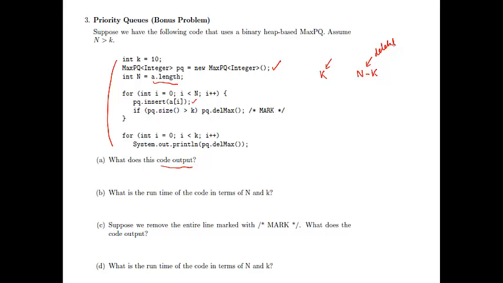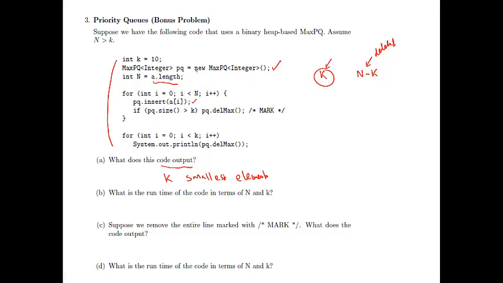But when we deleted the n minus k elements, you have always deleted the largest n minus k elements. So what the priority queue will print is the k smallest elements out of the n elements.